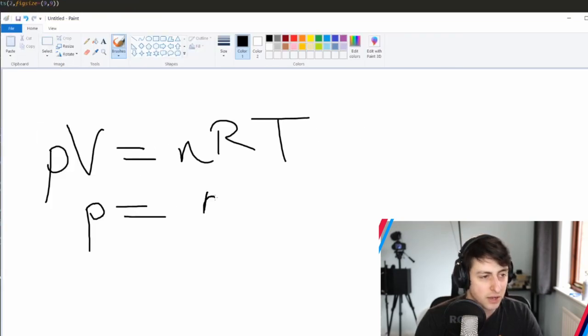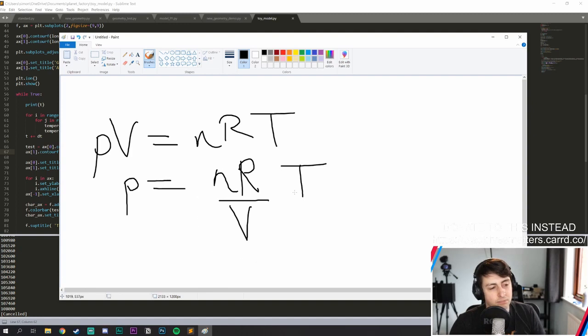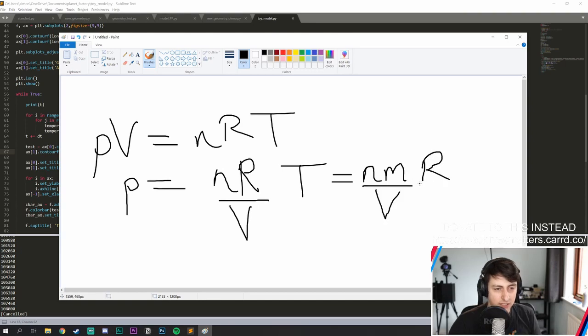If you take V and put it underneath R, what you can basically do is set the volume to 1, so that the volume you're considering is only 1 meter cubed. Then you can add in the molar mass and divide the ideal gas constant by the mass per mole, and T at the end.